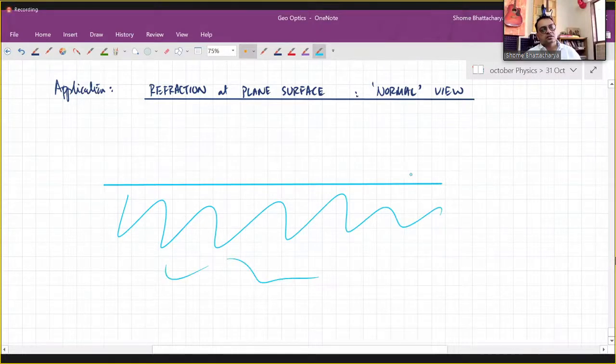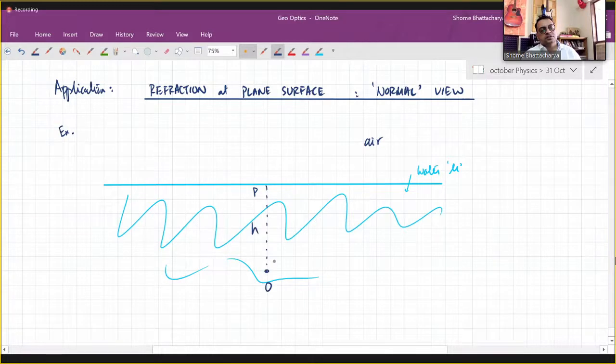So let's say this is water, which is of refractive index mu, and there's air outside. And there is a point object here, which is at an actual depth h from this point.